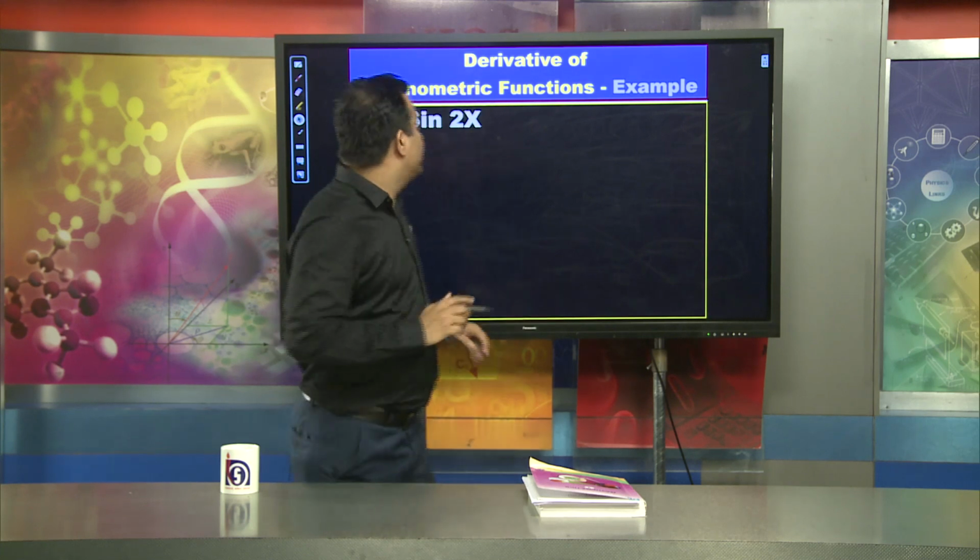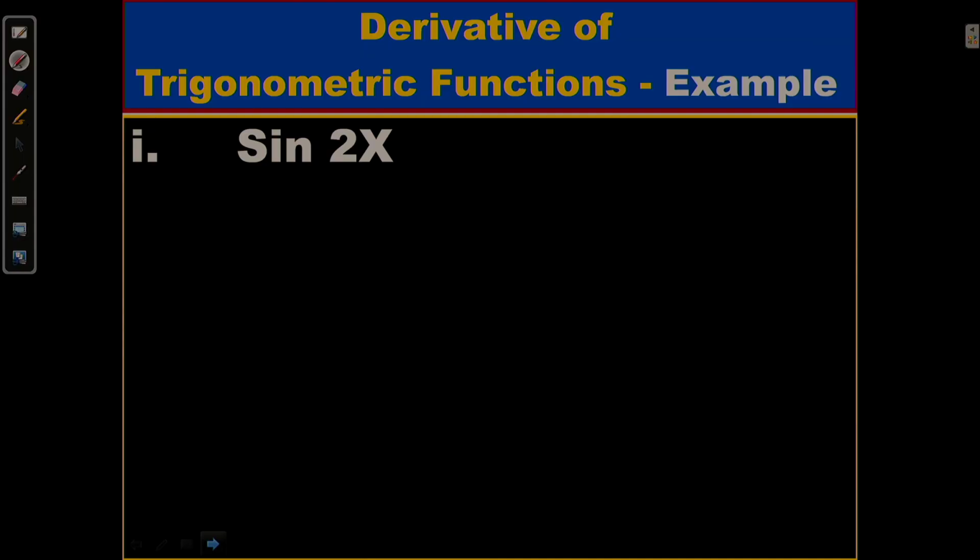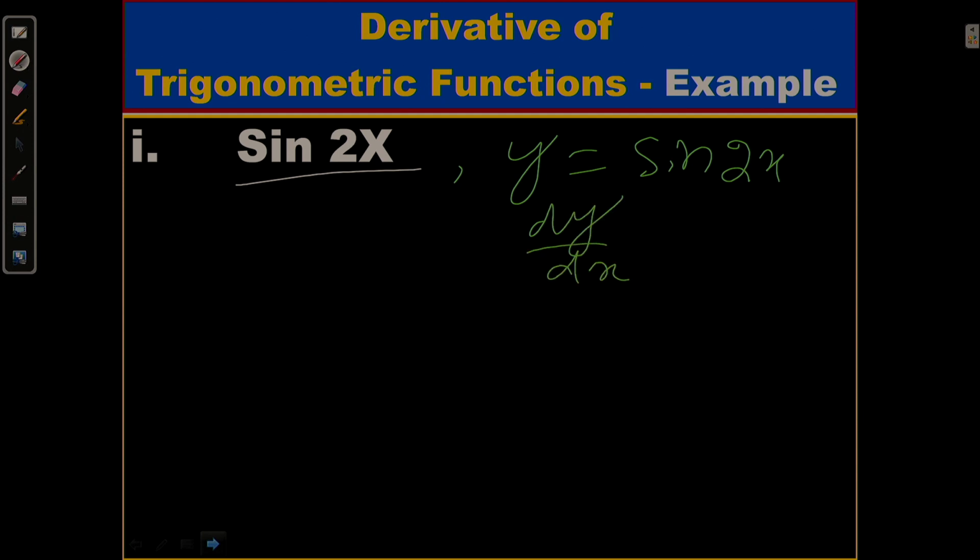For example, suppose that is sin 2x, this is one of the functions, and you know that this is the trigonometric function sin 2x. What will be, if y equal to sin 2x, what will be the value of dy by dx? That means derivative of sin 2x क्या होगा, and how we have to find out?